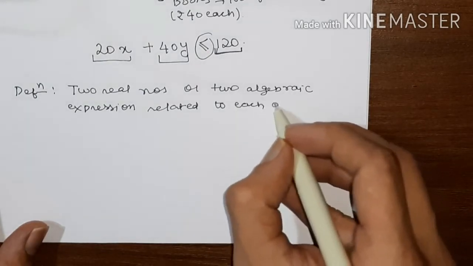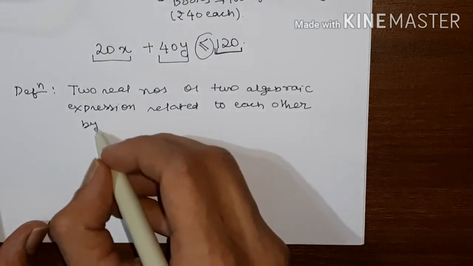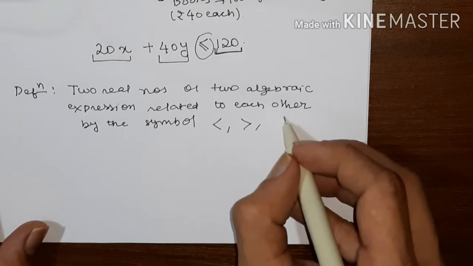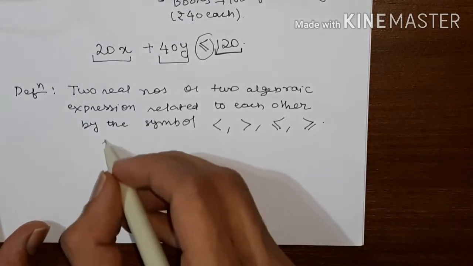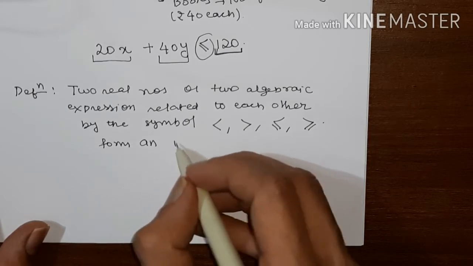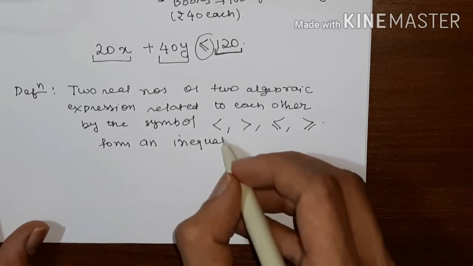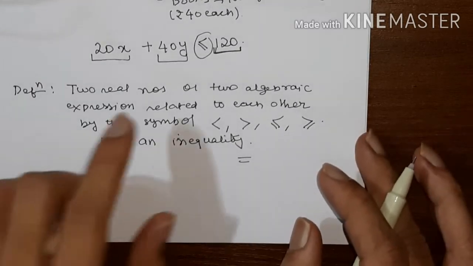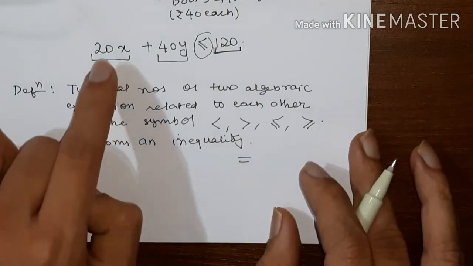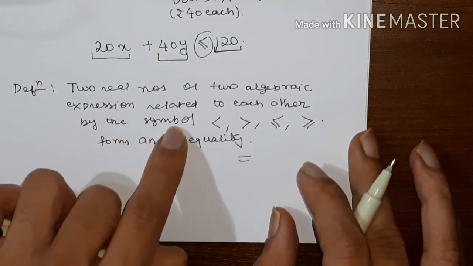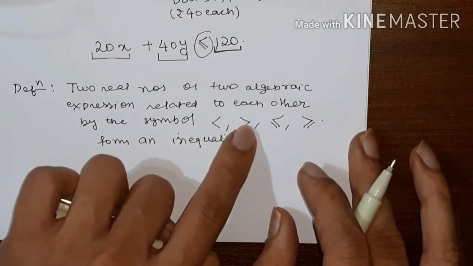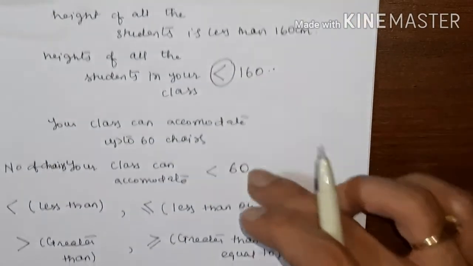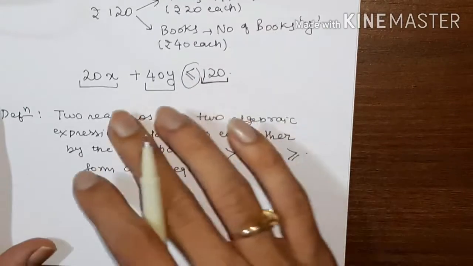Two real numbers or two algebraic expressions related to each other by the symbols less than, greater than, less than or equal to, greater than or equal to, form an inequality. So all these examples that we have taken are inequalities.